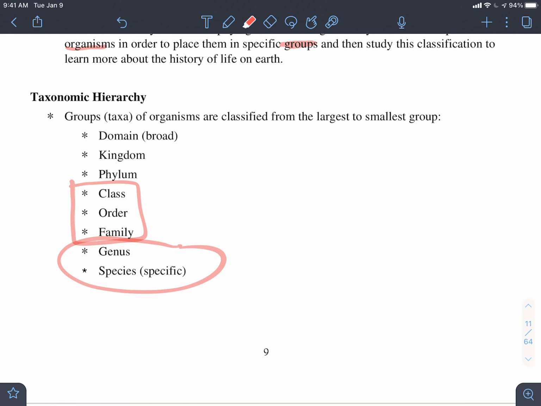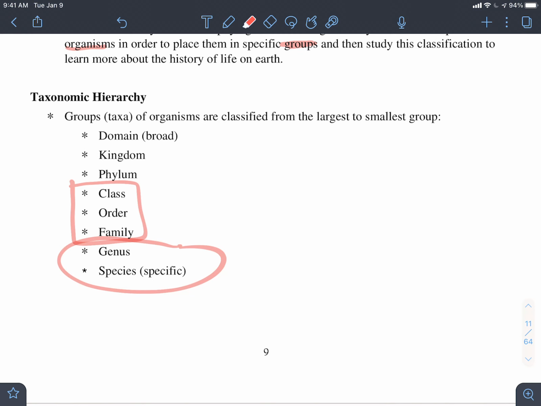So we can call those 3 cell types 3 broad domains of life. Everything within those domains of life has been organized into kingdoms. Those kingdoms are smaller and narrower, and they cover other factors than just the cell type.